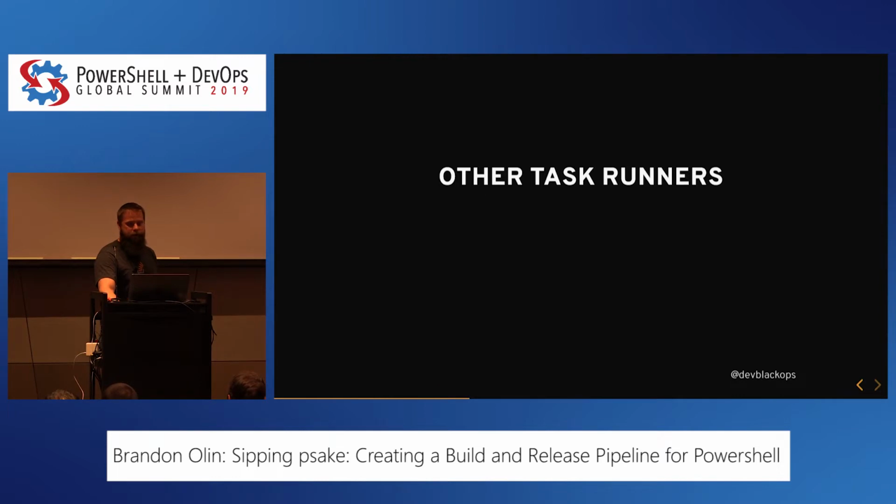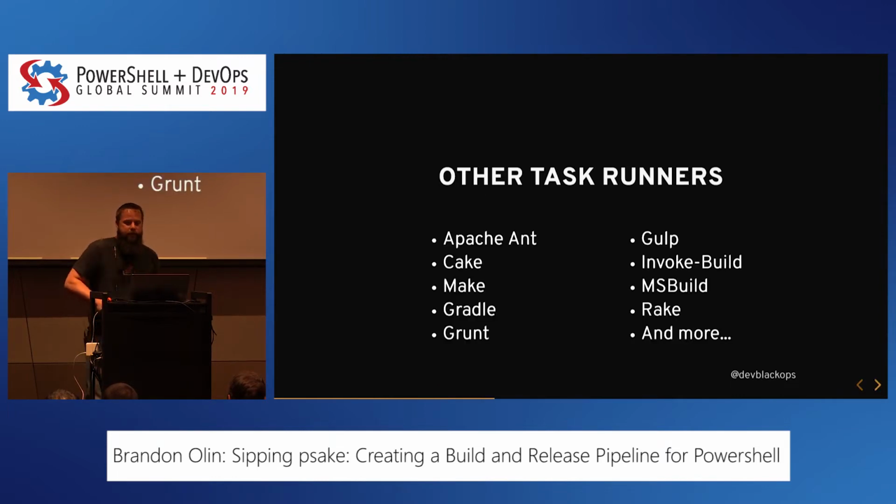Before I talk about psake specifically, though, I want to talk about some other task runners that you probably have heard of. All of these have the notion of running tasks, dependencies, a series of steps. Some of them do more than others. MSBuild does a whole bunch of stuff besides just running tasks. But you'll hear these often if you're looking at JavaScript code or C# code or Java stuff.